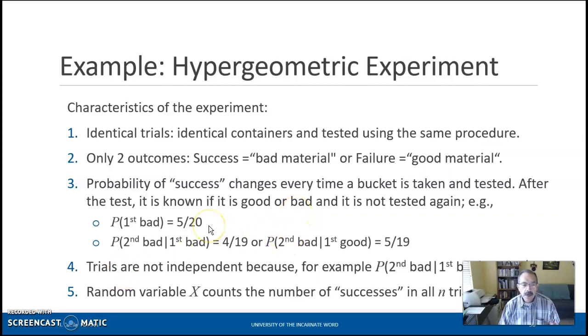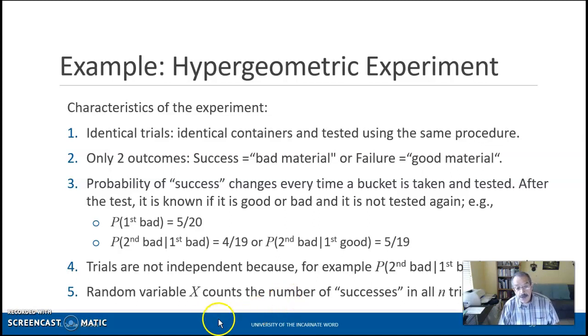Because once you take a bucket out, you're affecting the probability, and as you can see, the conditional probability is not equal to the probability of that event by itself, then you know that the trials are not independent, because the probability of success changes as you are removing buckets from this population.